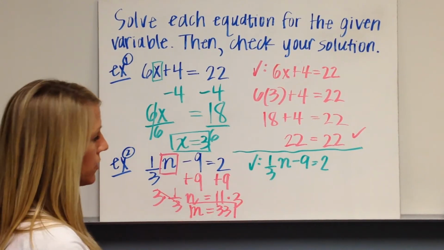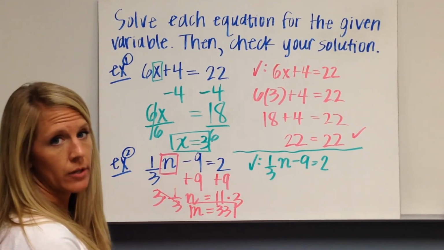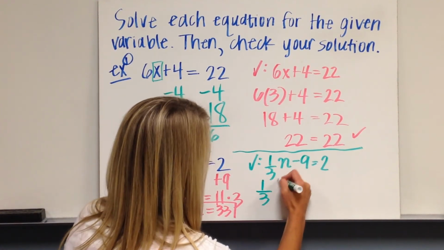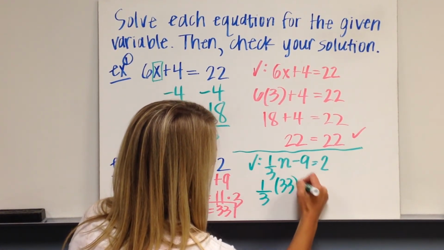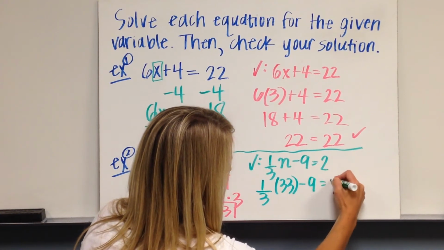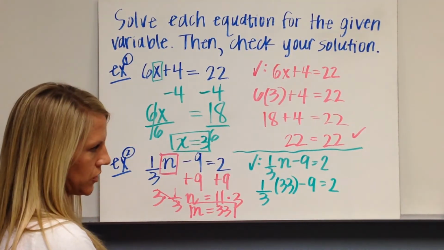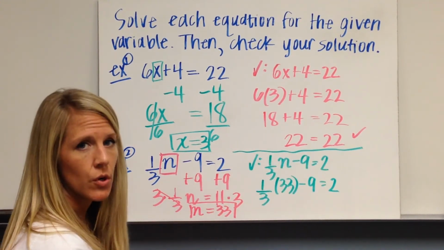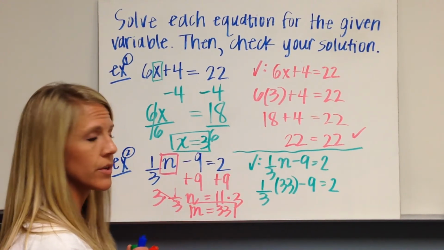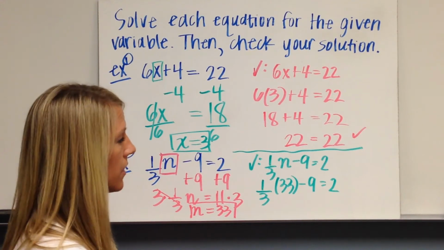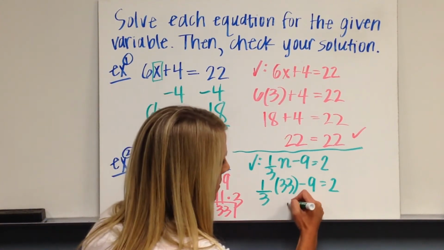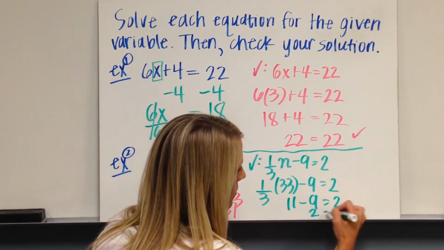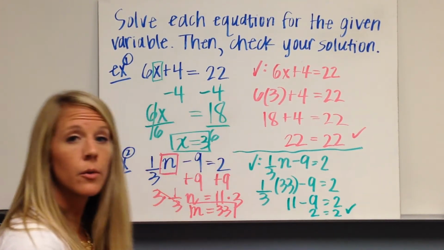So 1/3 times 33 minus 9 should equal 2. So let's check. So again, order of operations, we're going to multiply first. 1/3 times 33, which is the same thing as 33 divided by 3. So that's 11 minus 9 equals 2. 2 equals 2. Oh goody, we got another one right.